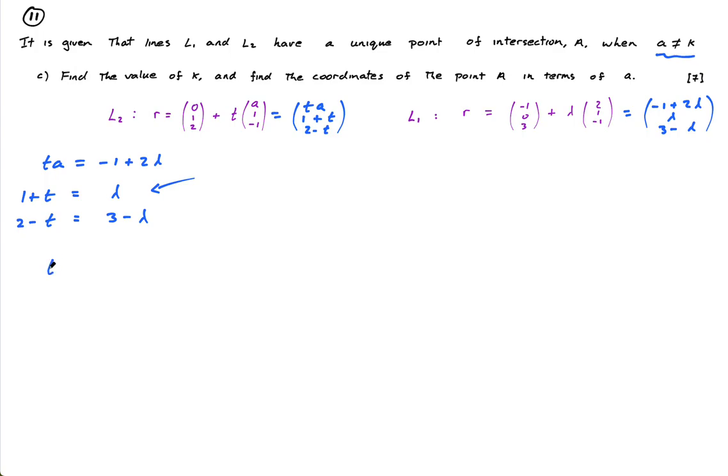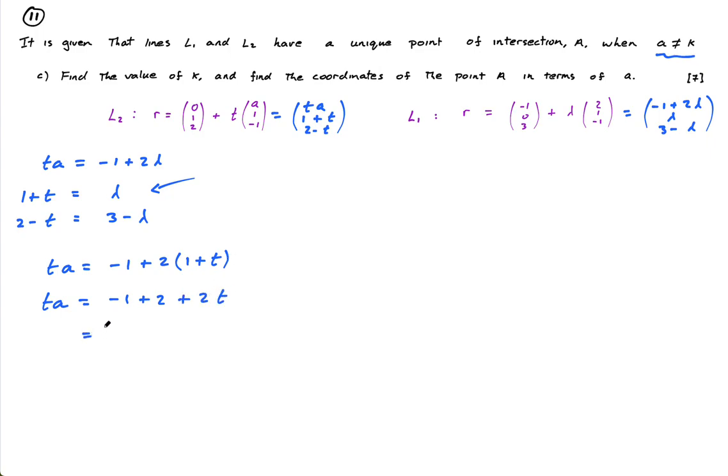So I have ta equals minus 1 plus 2 times (1 plus t). Now I have removed lambda completely, and I just have an equation in terms of t, so I just need to find t. So let's multiply this out. ta equals minus 1 plus 2 plus 2t.